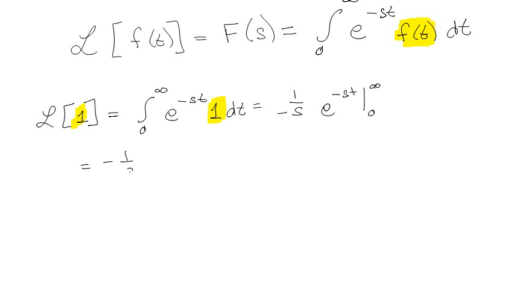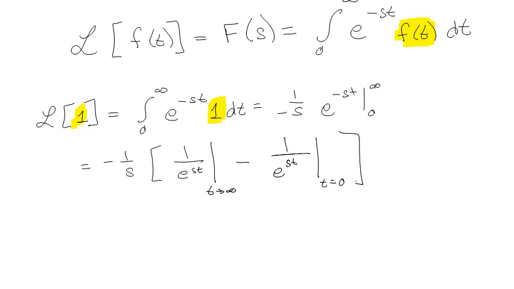So minus 1 over s, and I'm just going to write this out a little weird because it helps me see it better. So I'm going to evaluate this at 1 over e to the st, evaluated at t going to infinity, minus 1 over e to the st, evaluated at t going to 0, or t being equal to 0.